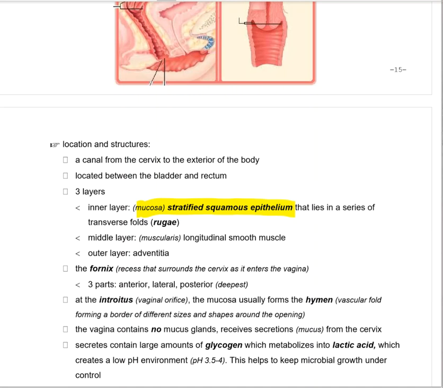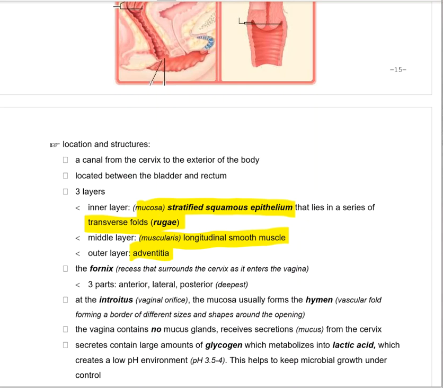And there are folds or rugae that will allow expansion of the vaginal canal. The middle layer is the muscularis layer, and again, it's made of smooth muscle, unsurprisingly, and can contract. And the outermost layer is adventitia, and remember, adventitia means it connects to other tissues to hold it in place, so there's connective tissue holding the vaginal canal kind of in its location.